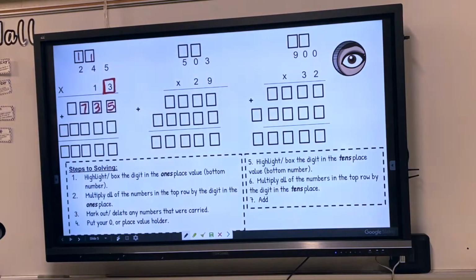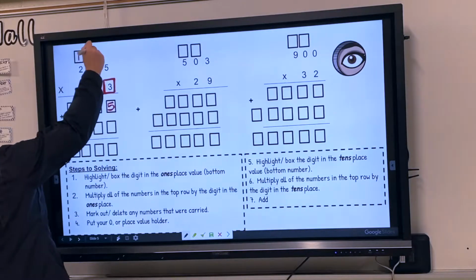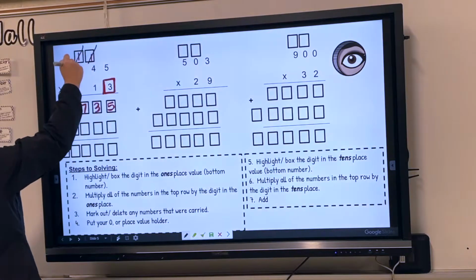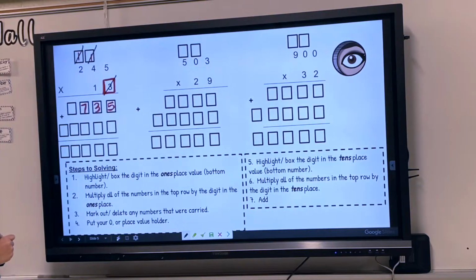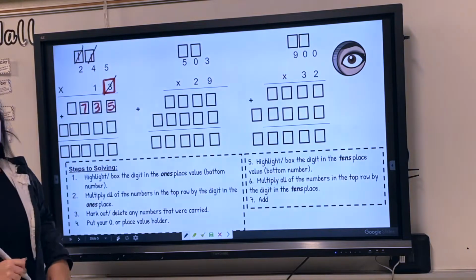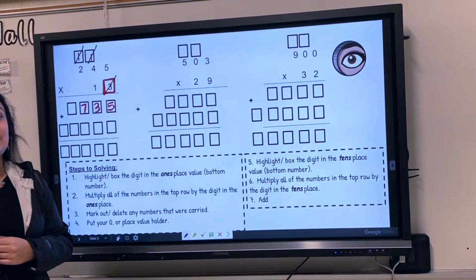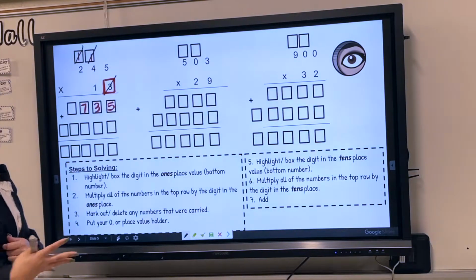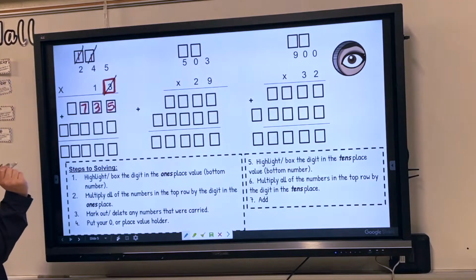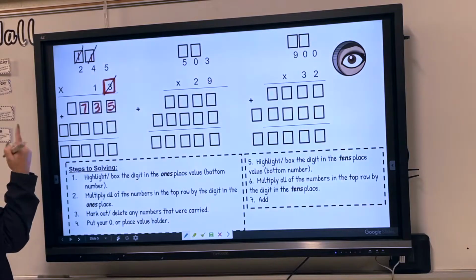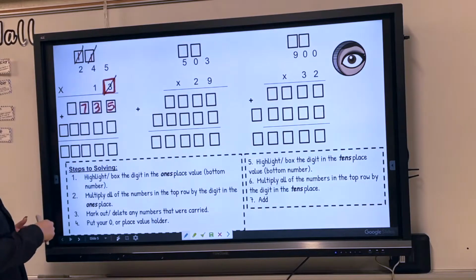Now, step number 3 is to mark out any numbers that were carried or any numbers that we just don't need. I don't need that 1, I don't need that 1, and I don't need this 3 anymore. Again, I mark out the 3 so I don't get confused and accidentally multiply by it again. Now I am going to move on to multiplying 245 by 1.